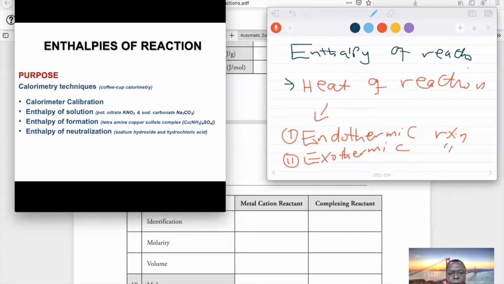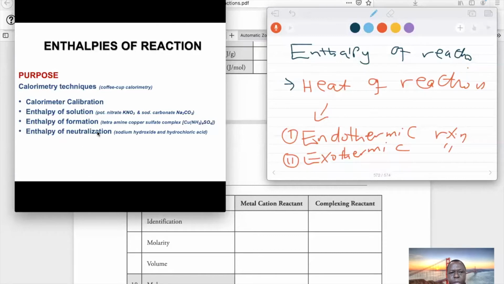Generally, chemists use what we call a coffee cup calorimeter to study the heat of formation, heat of solution, or heat of neutralization. Using the coffee cup calorimeter technique, we'll be able to study the heat given off or absorbed during these reactions.